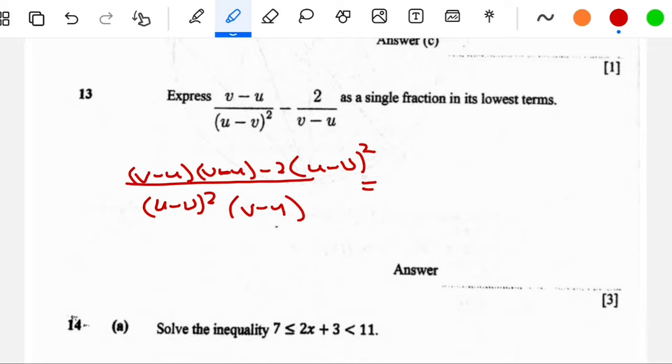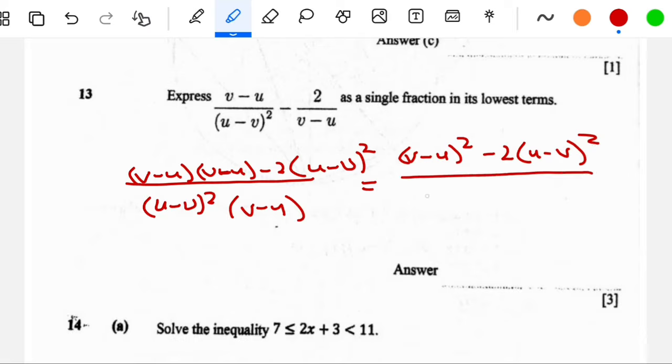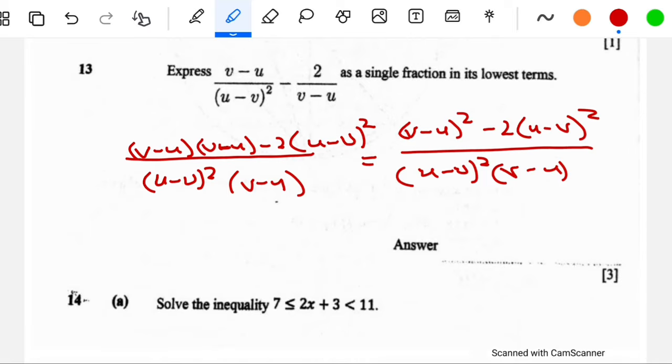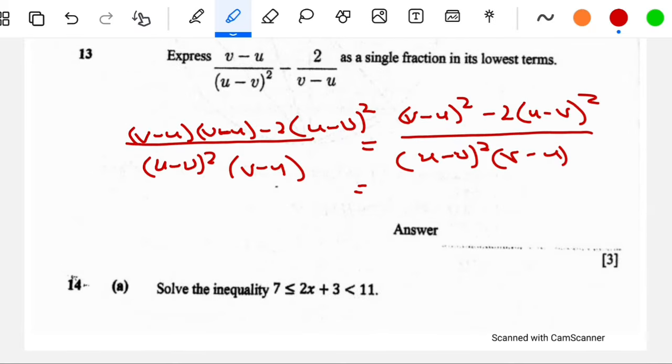Okay, then here I have (v minus u) squared minus 2(u minus v) squared over (u minus v) squared (v minus u), like this. And I also know that (u minus v) squared is equal to (v minus u) squared.